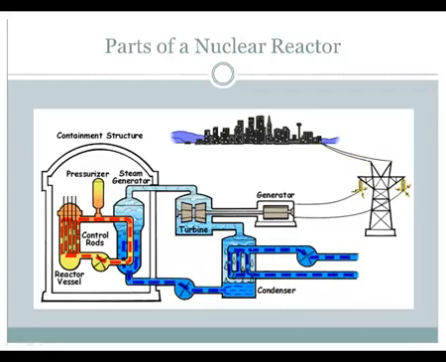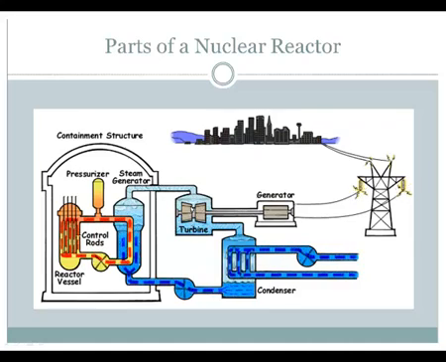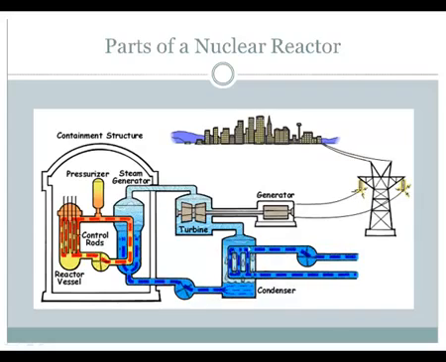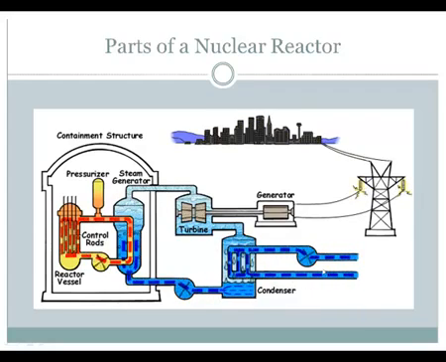Then there's a second circuit that is used to heat water, turn it to steam. The steam is used to turn a turbine. That turbine powers electricity or creates electricity through a generator. And then the excess energy or the excess heat is released through a third circuit. So this third circuit would go out to some type of smokestack that would then release that steam off into the atmosphere. So those three circuits work together to get this reaction to occur.